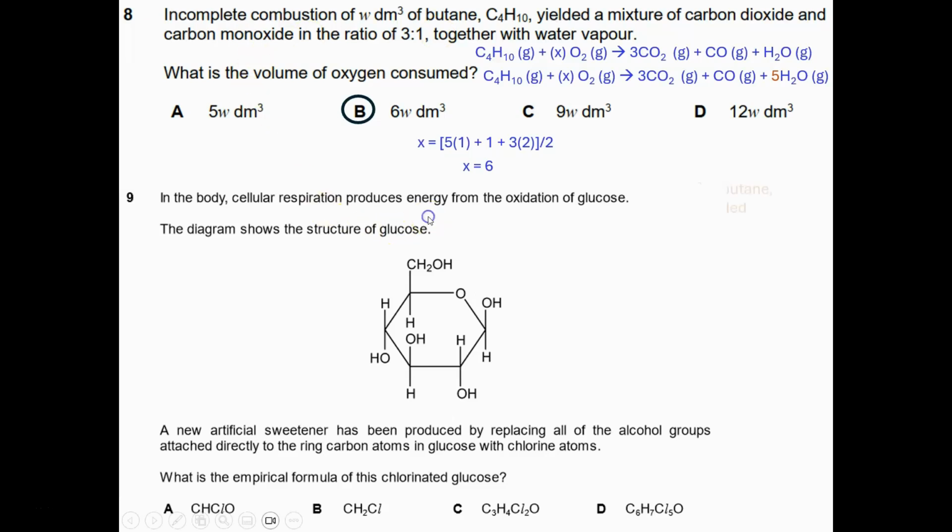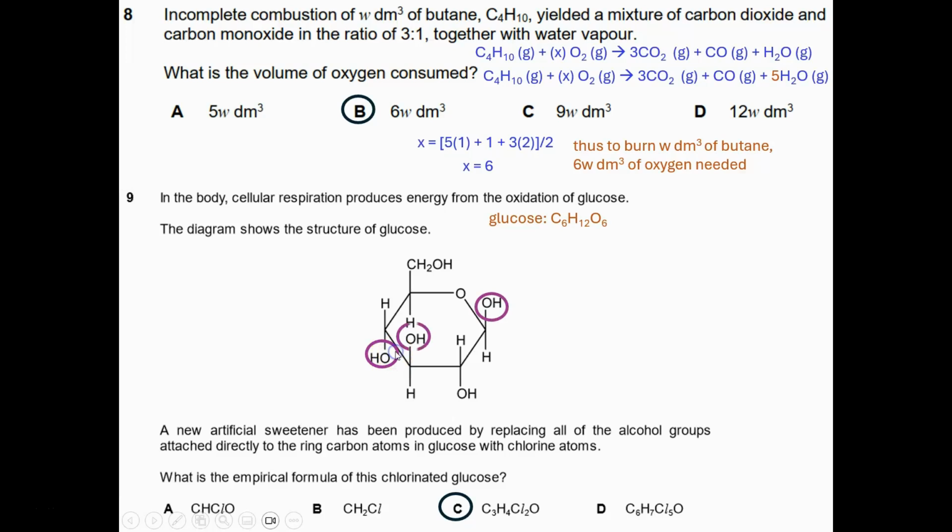Okay, question 9. Answer is C. If you interpret the skeletal structure, the formula for glucose is C6H12O6. Then I'm going to remove all the alcohol groups attached directly to the ring carbon atoms.